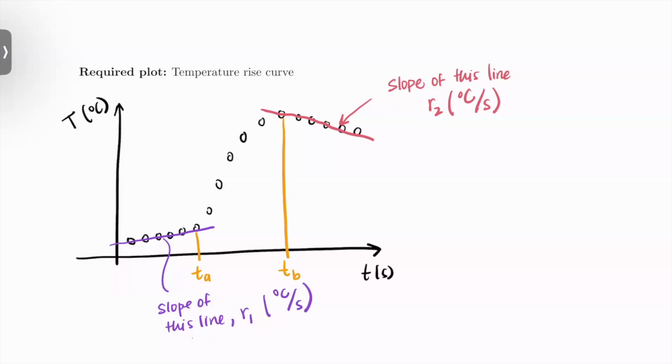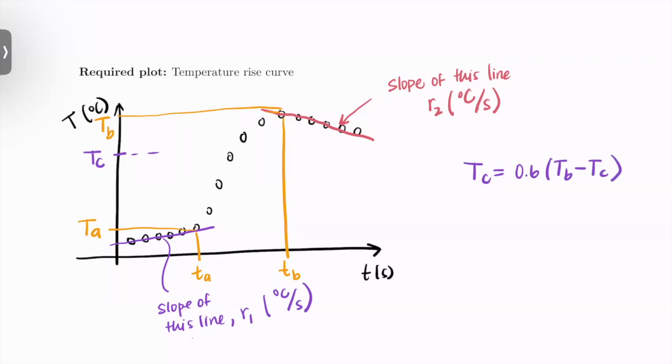The next critical time that you need to find from this plot, this is probably the hardest part, is you want to find the time at which we get to 60% of the temperature rise. So if I call the temperature at TB, this is temperature at B, and then I have temperature at A, my temperature at point C is going to be 60% of the way between A and B. So TC is equal to 0.6 times TB minus TA.